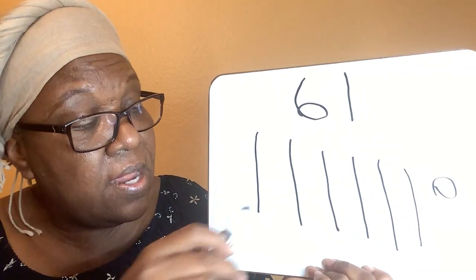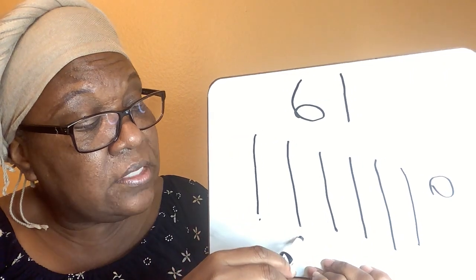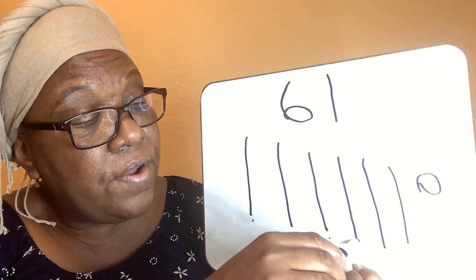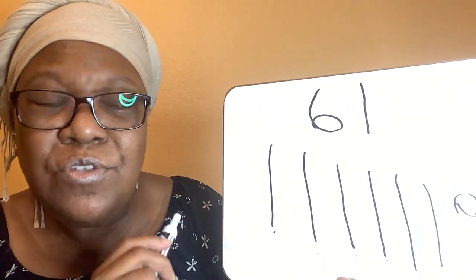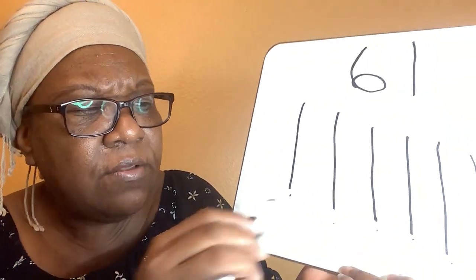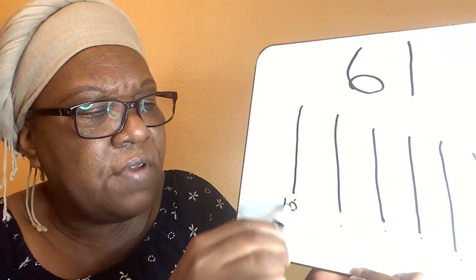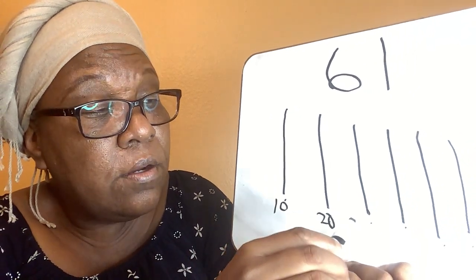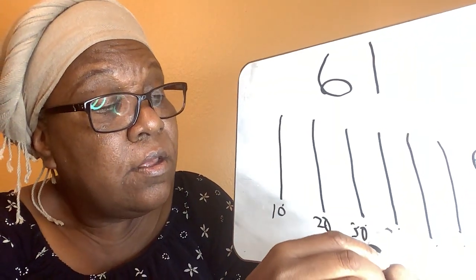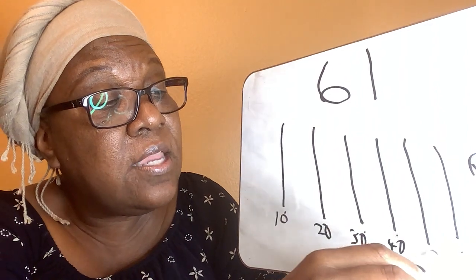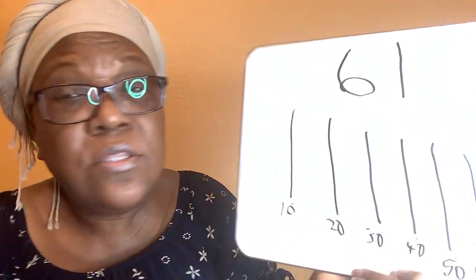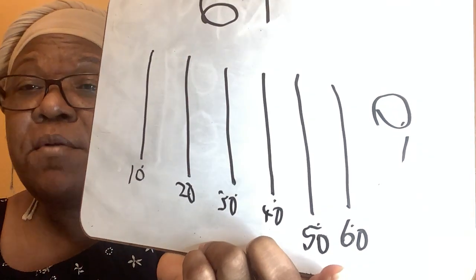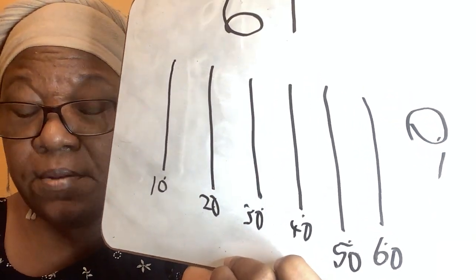Let's count it again. 10, 20, 30, 40, 50, 61. If your child has a little problem counting, you could even write it on the bottom for him or her. You could write it until they get the whole concept of counting by 10.